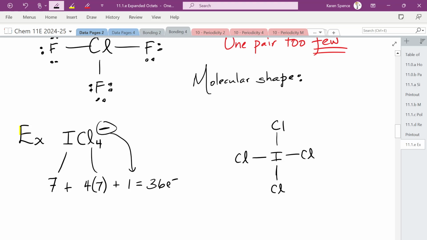If you write it on the AP exam, draw dots. But if you want to, here's a little trick, which can be really nice if you're doing a bunch of them. Especially when you have something like this that has like a million lone pairs. When you're doing it on a test, I would say no. But when you're doing it for yourself for practice, I would say yes, because it's really irritating to have to draw all those dots all the time.